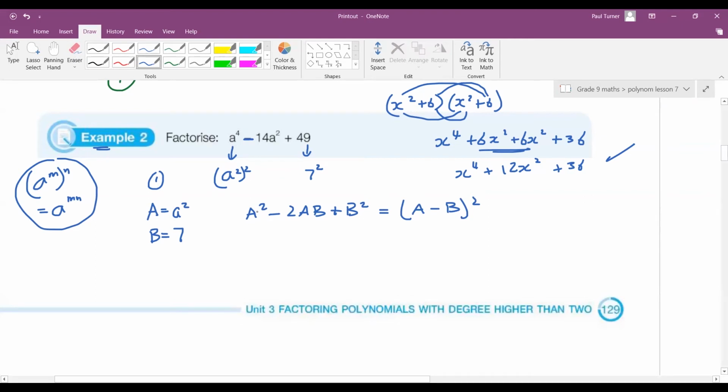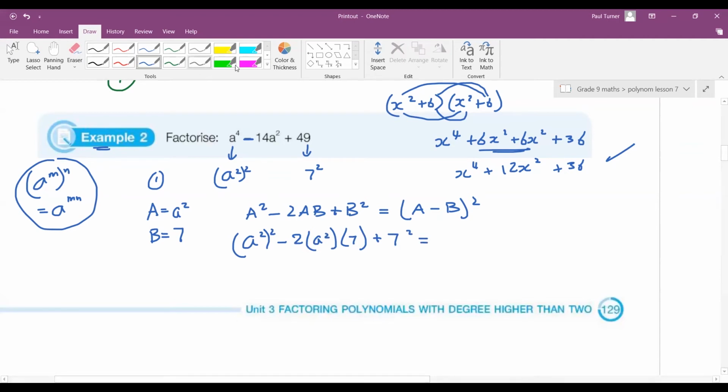So then we'll have a squared squared, which is a^4, minus 2, so copy from the formula 2, a is a squared, b is 7, plus b squared, which is 7 squared.